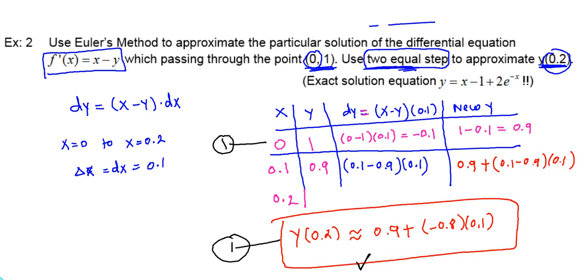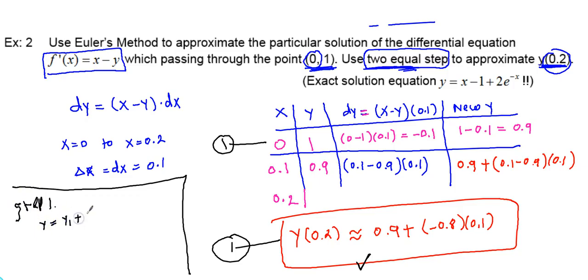Now, alternate solution, for those students who hate to write the table. Alternate solution is you have to show step 1, you write the equation y is equal to y1 plus f prime times dx, which is 1 plus what you have here.